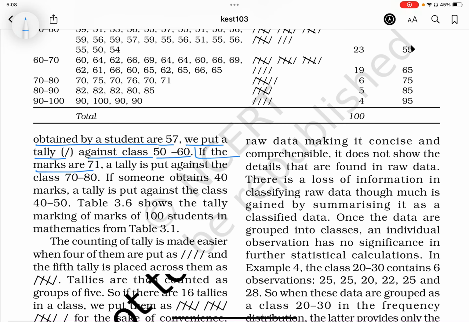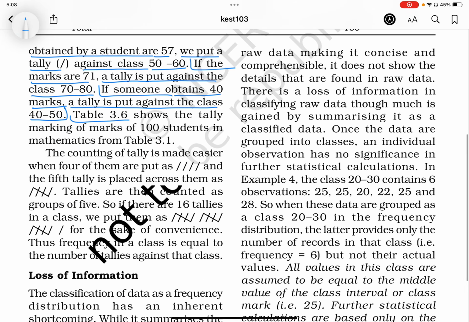If the marks are 71, a tally is put against 70 to 80. If someone obtains 40 marks, a tally is put against the class 40 to 50. Table 3.6 shows the tally marking of marks of 100 students in mathematics from table 3.1.